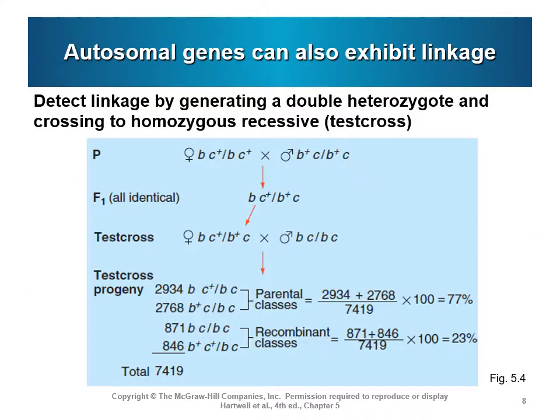So here is an experimental example, where we have B C plus female parent and B plus C male parent.